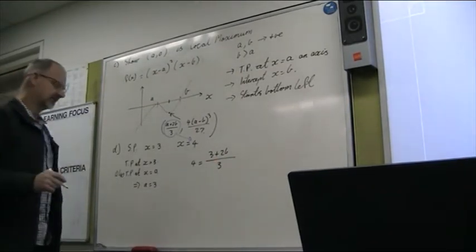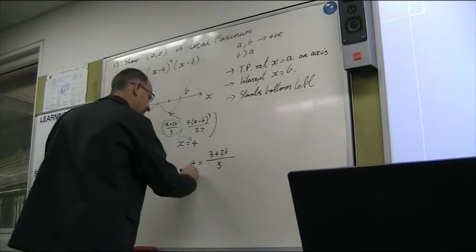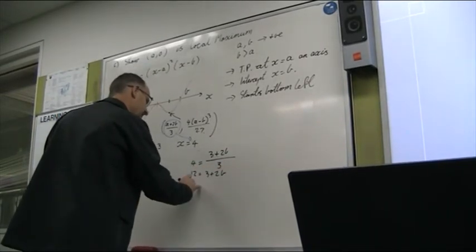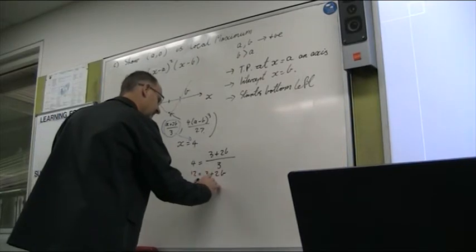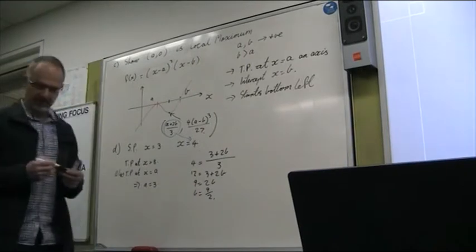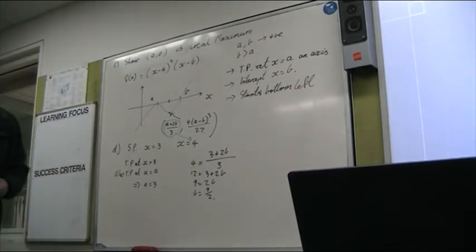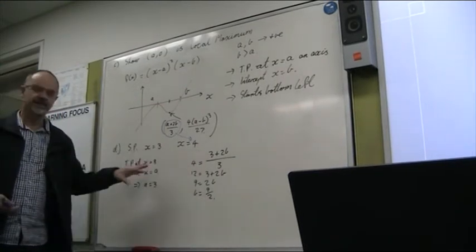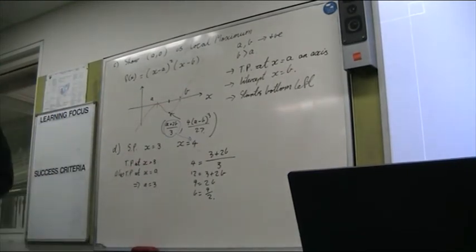Rearrange that: 12 equals 3 plus 2b. Take 3, 9 equals 2b, so b is 9 over 2. There are other ways of getting to that as well, but it's as good as any.